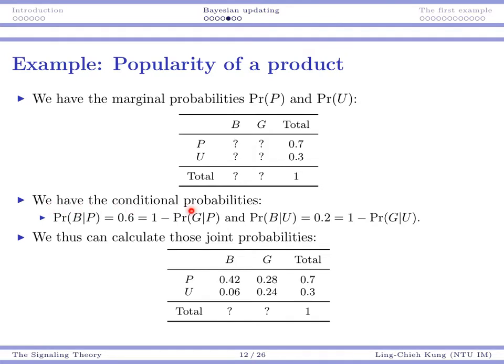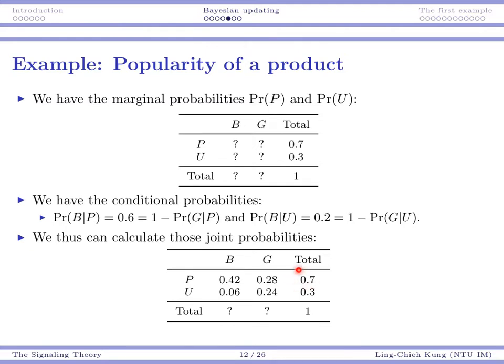We also have those conditional probabilities. If the product is popular, the probability for one guy to buy it is 60%. That's how we get this 0.42.